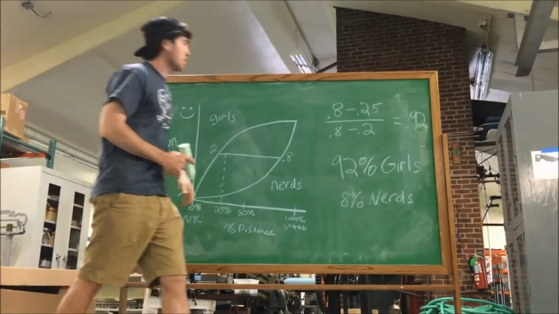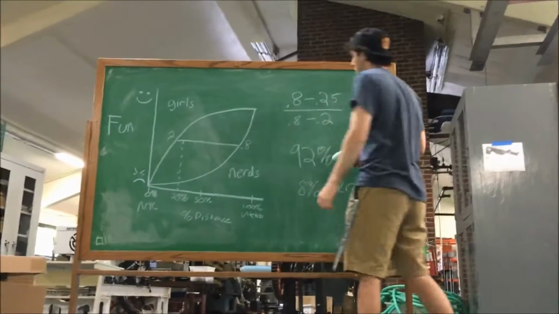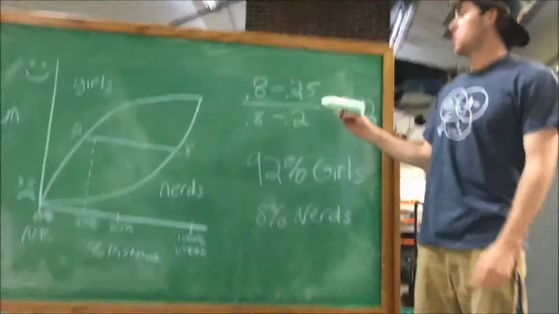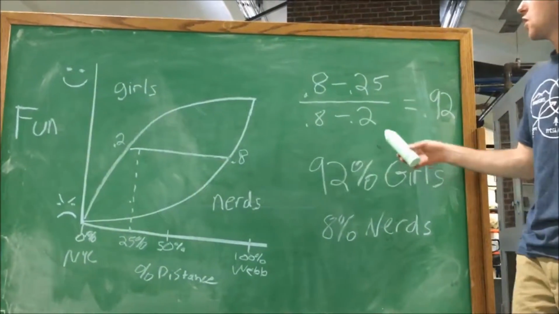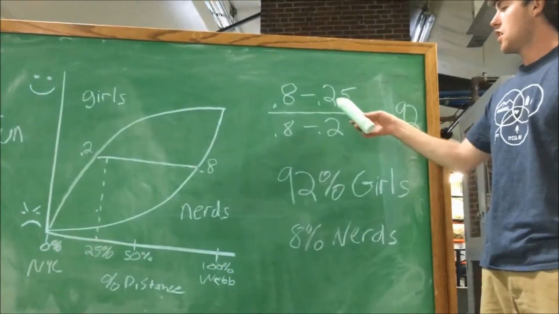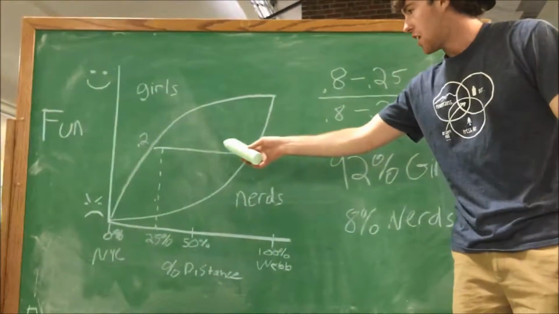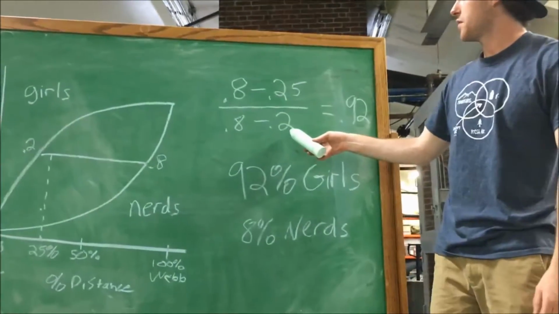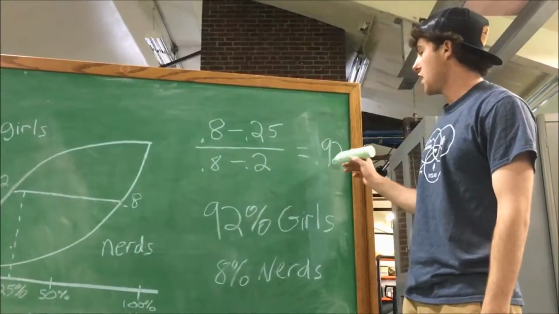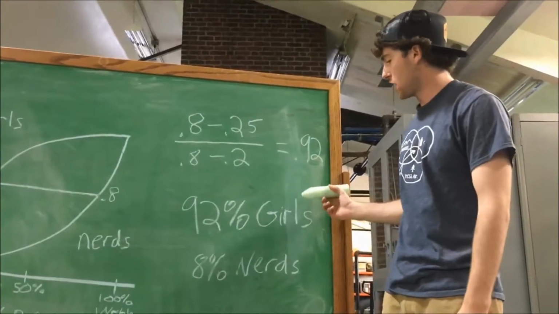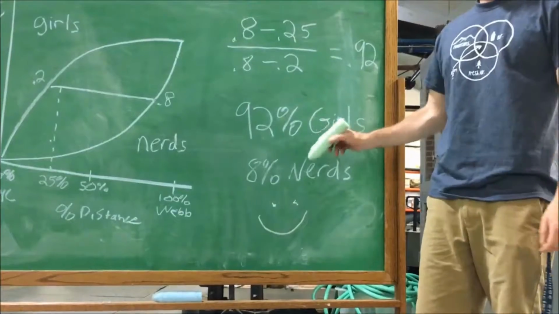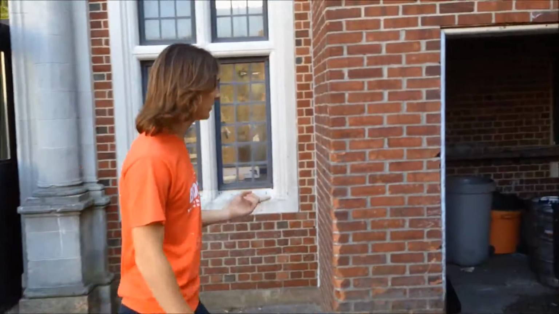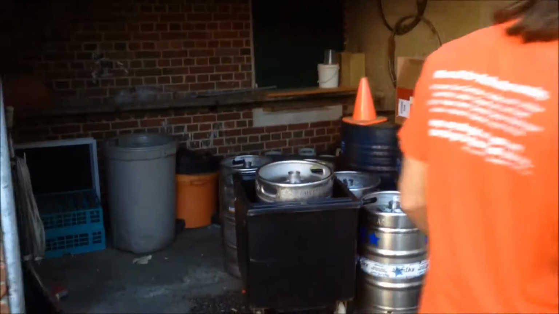Our inverse lever arm equation, if we're finding the percent girls, would consist of the right part of the tie line, 0.8 minus 0.25, divided by the length of the entire tie line, 0.8 minus 0.2. This will yield us 0.92, or 92% girls, and 8% nerds. Wow, those are some big juice boxes.